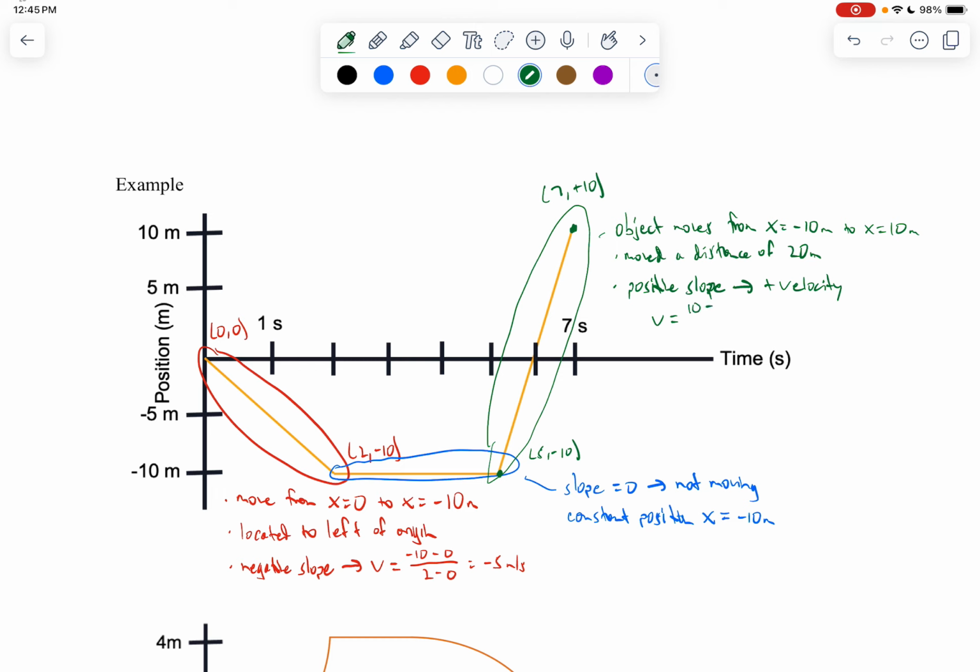We'll subtract from it our initial y value of -10, divided by our x2 of 7 minus x1 of 5. So 10 minus negative 10 gives us a positive 20. We're going to have 2 in our denominator, so that means we're going to have a velocity of positive 10 meters per second for that rightward moving velocity.